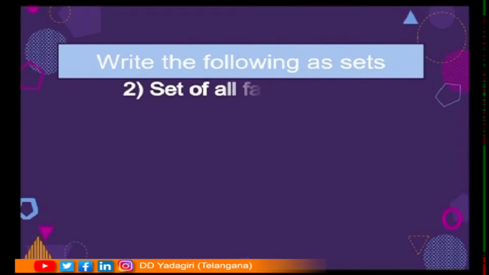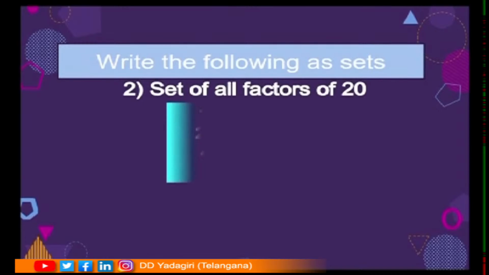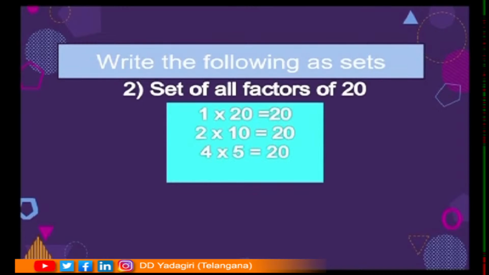The second one is set of all factors of 20. Now, what are the factors of 20? Factors of 20 means numbers which divide 20 exactly, that is, leaving the remainder as 0. Now, let us see which numbers can be considered as factors. 1 into 20 comes up to be 20, 2 into 10 comes out to be 20, 4 5s are 20, 5 4s are 20, 10 2s are 20 and 20 into 1.